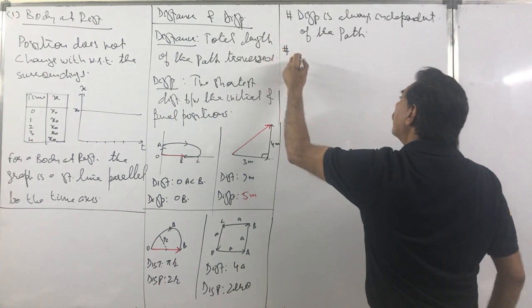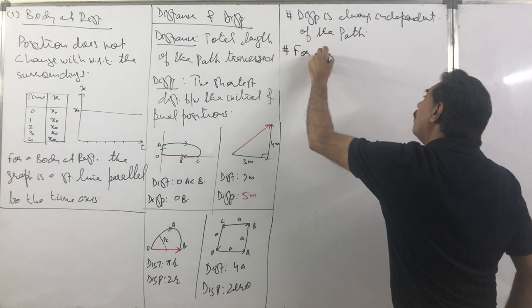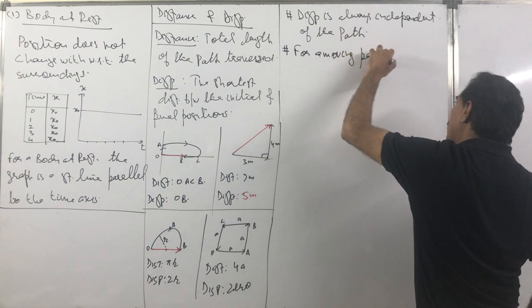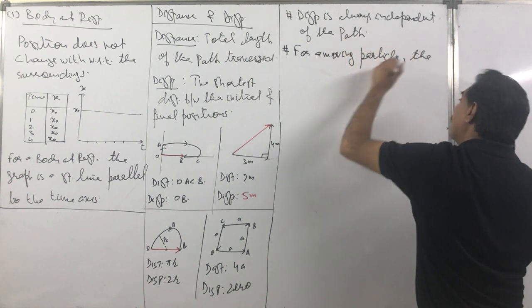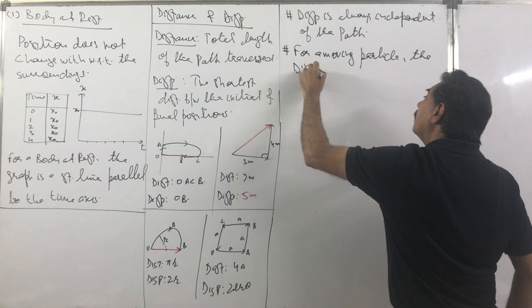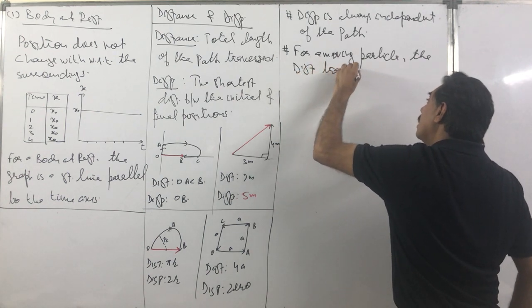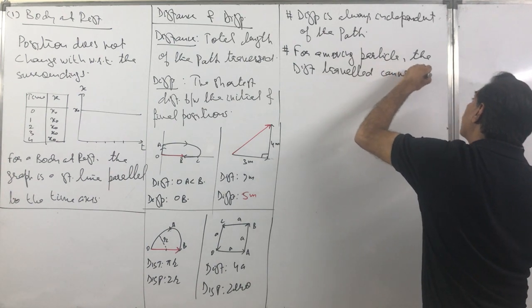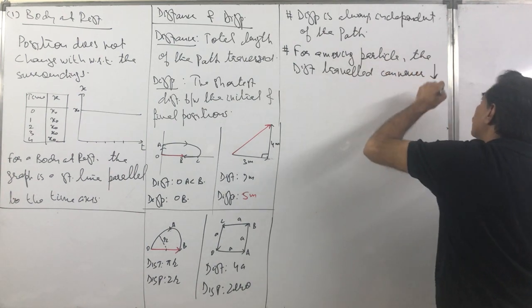Next point. For a moving particle, the distance traveled can never decrease.